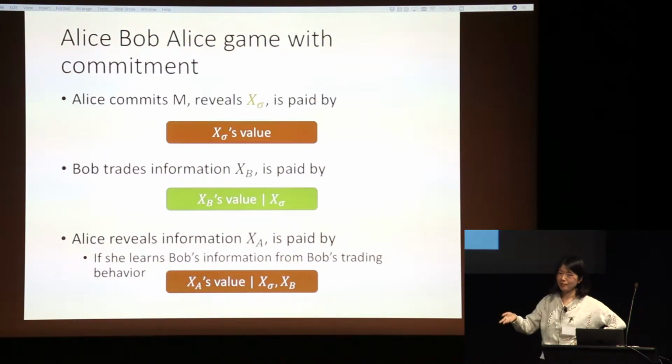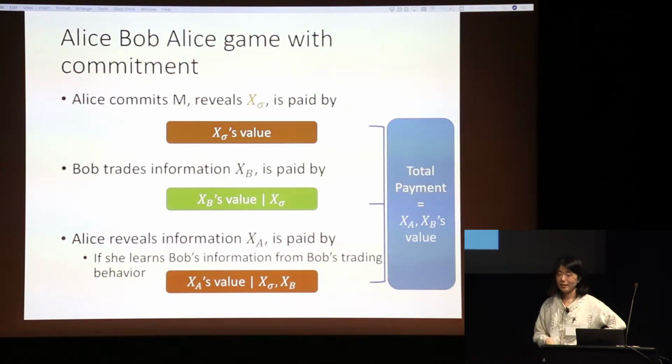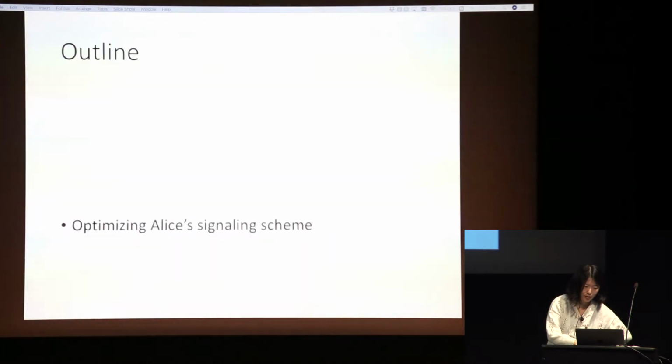Definitely, if you reveal more information, more value is going to be paid. So in the last stage, Alice is going to reveal everything. And in this case, the sum of the payments is actually the value of all the private information, and it's actually very natural to obtain this result. It's very similar to the chain rule.